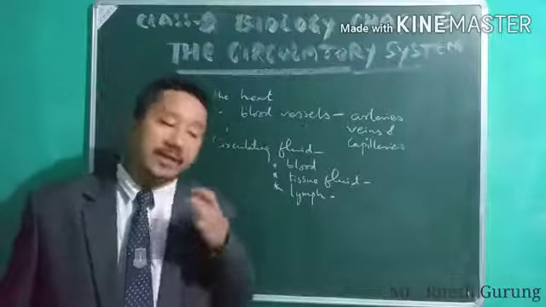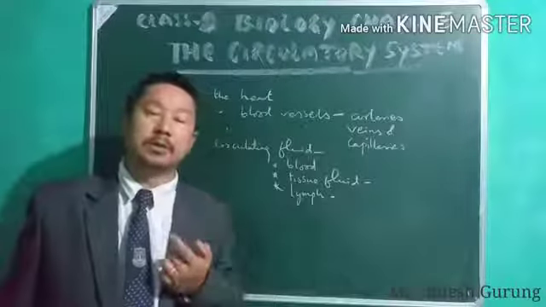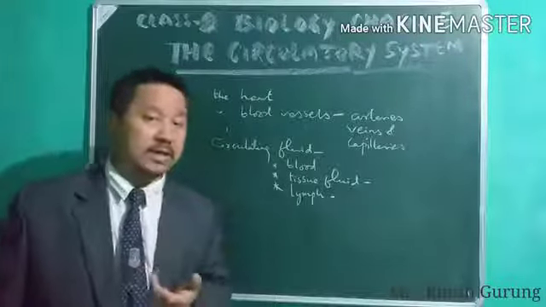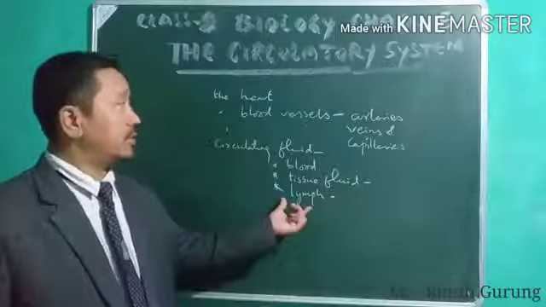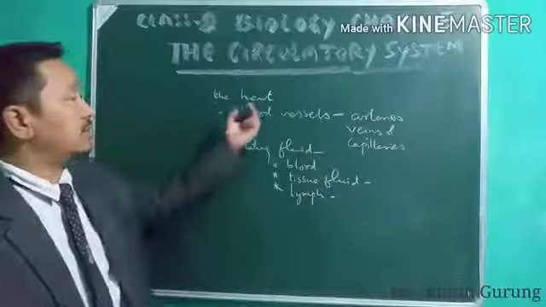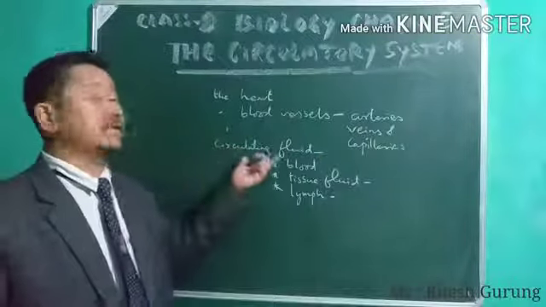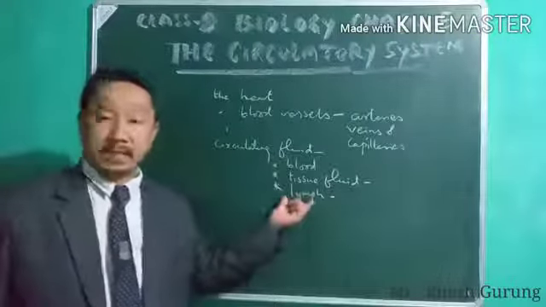In our lymphatic system, like our tonsils and also the spleen, these are the places where lymph is present. So the circulatory system is a system consisting of the heart, blood vessels like arteries, veins, and capillaries, and the circulatory fluids like blood, tissue fluid, and lymph.